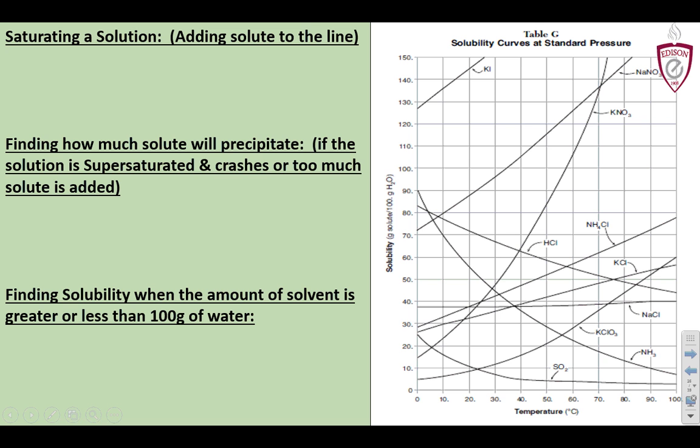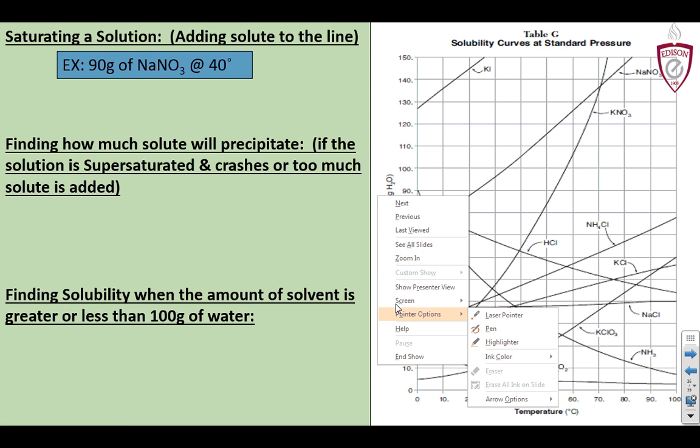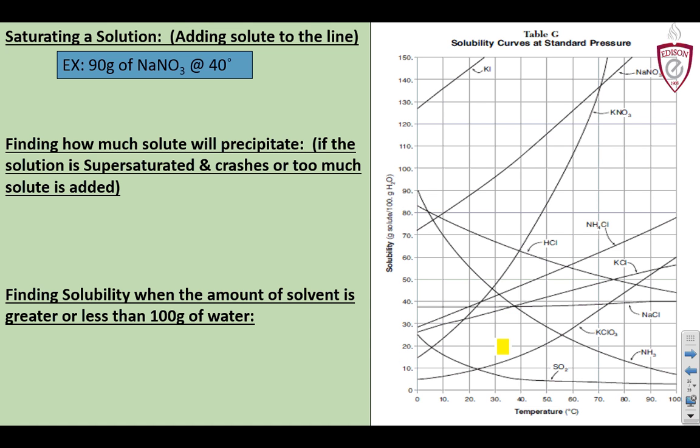Next page. So we're going to keep at this. You keep drawing, I'll keep narrating just so the volume stays right. If I'm going to deal with 90 grams of NaNO3 at 40 degrees, it says saturating a solution, adding solid to the line. So how much more am I going to have to add to make this thing saturated? I've got 90 grams and 40 degrees.